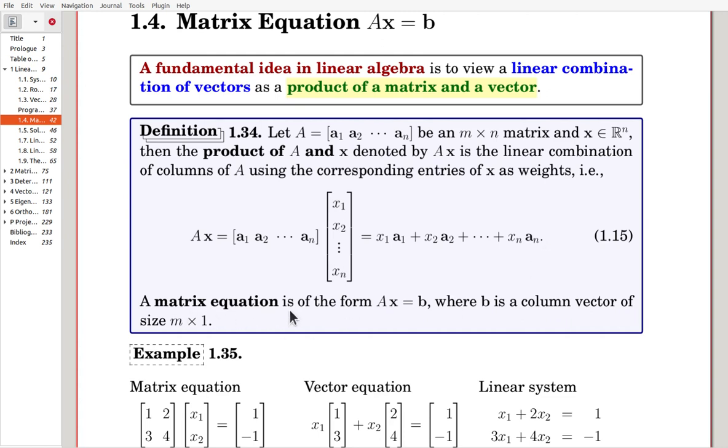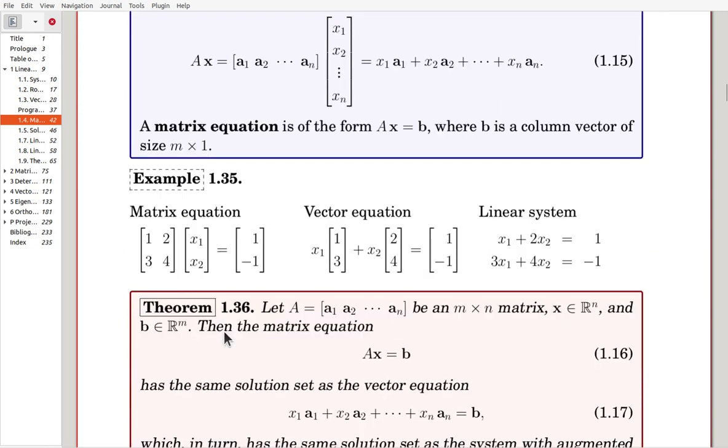A matrix equation is of the form AX equals B, where B is a column vector of size m times 1. Let's see this example.